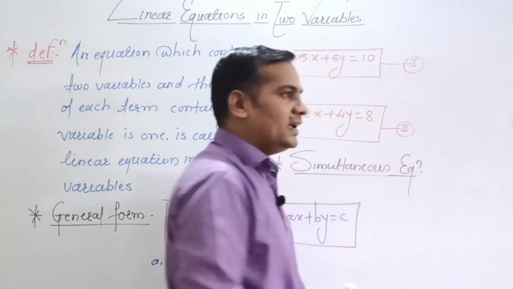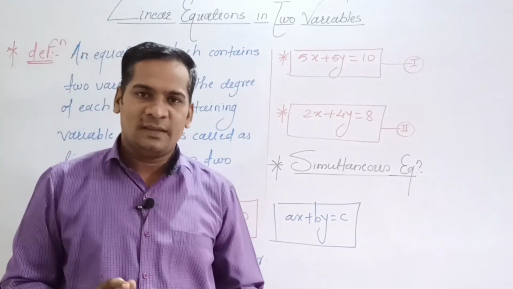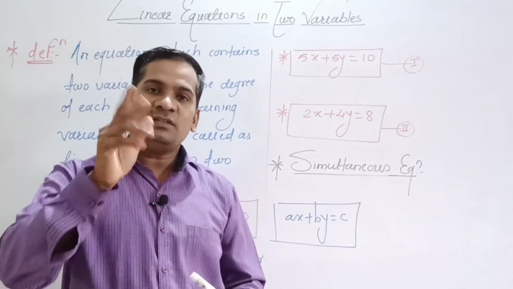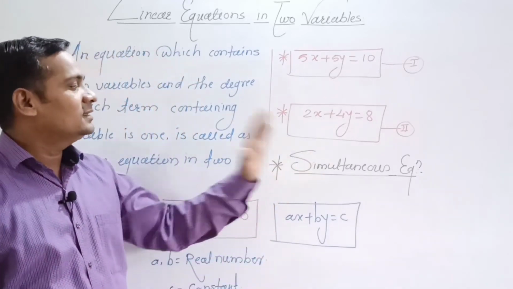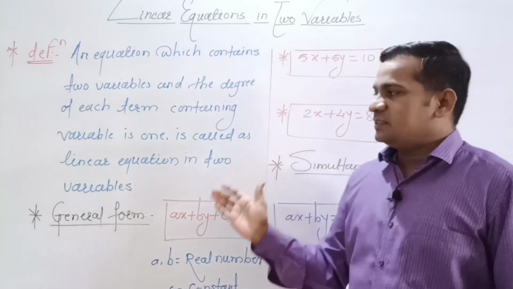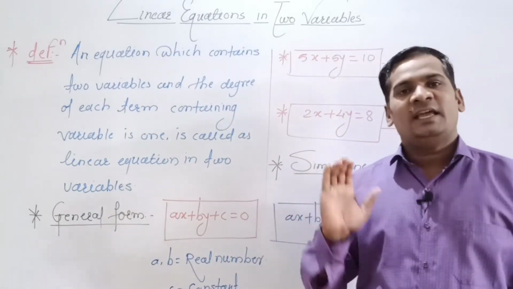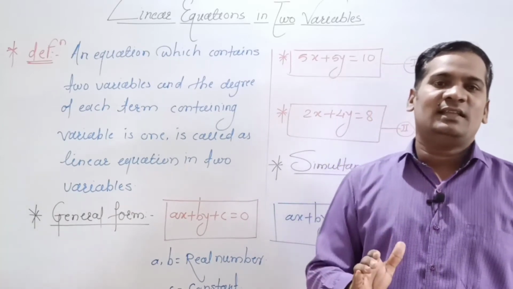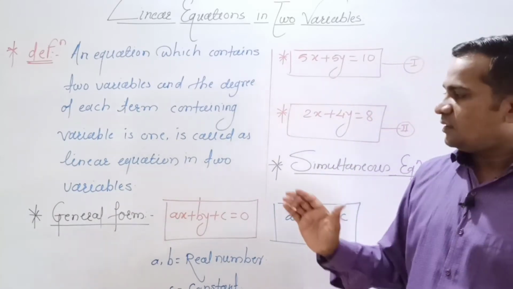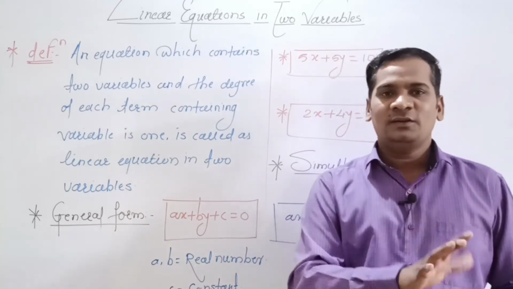When we consider any two linear equations in two variables at the same time, those equations are called simultaneous equations. And there are three methods of solving simultaneous equations. With the help of examples, we will discuss those three methods in practice set number 1.1 and 1.2.